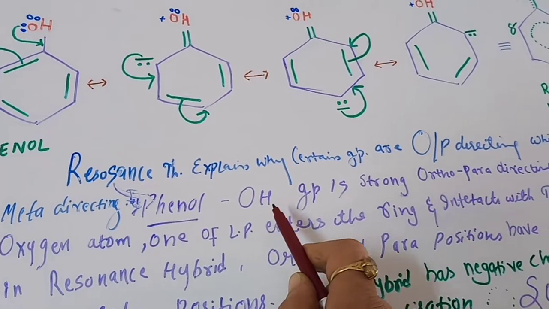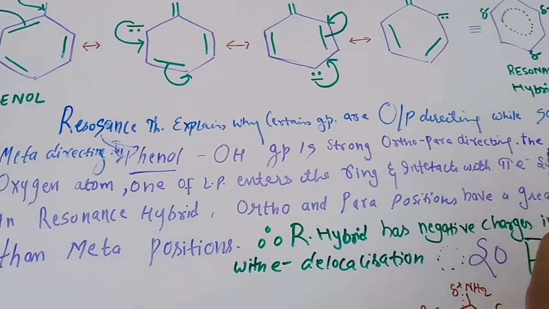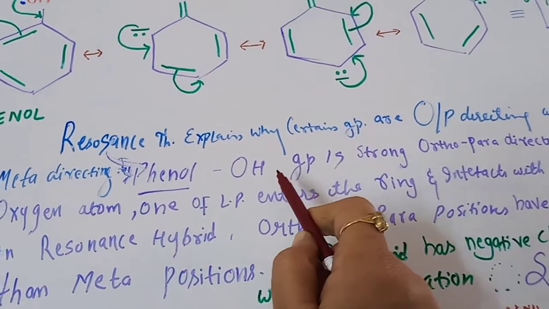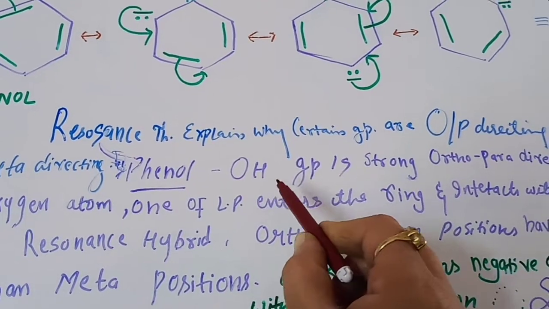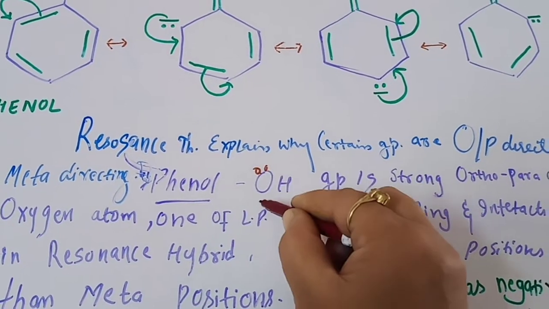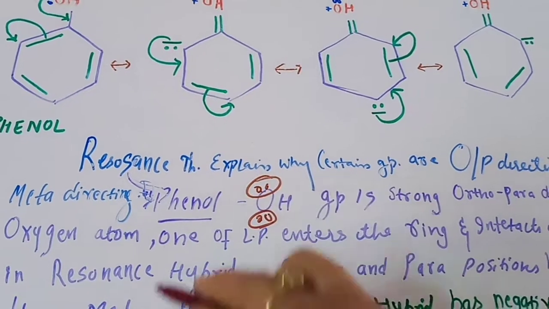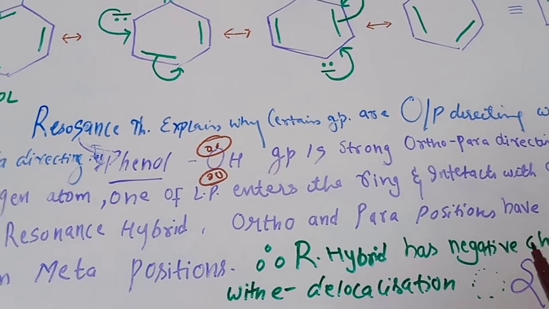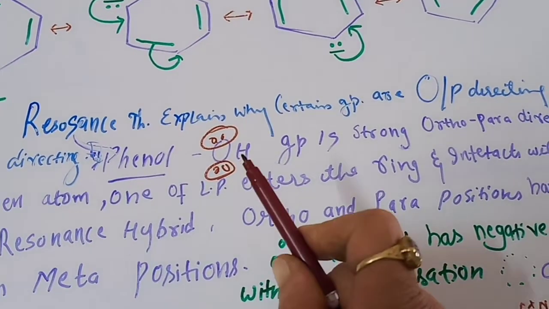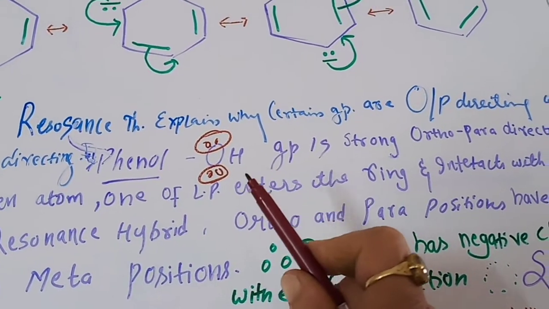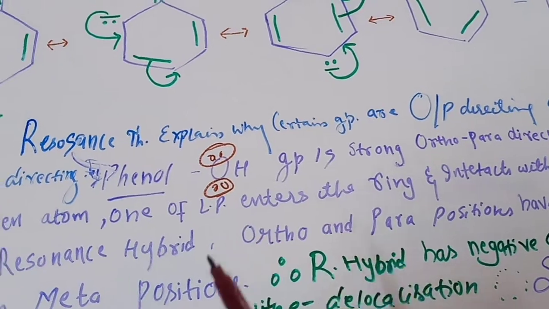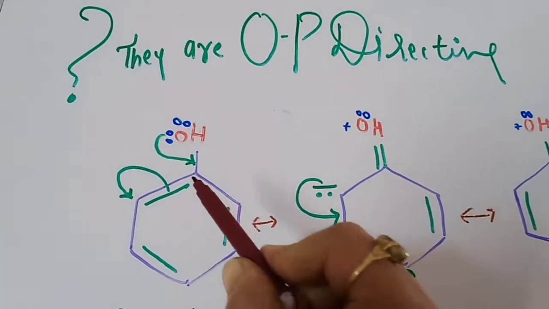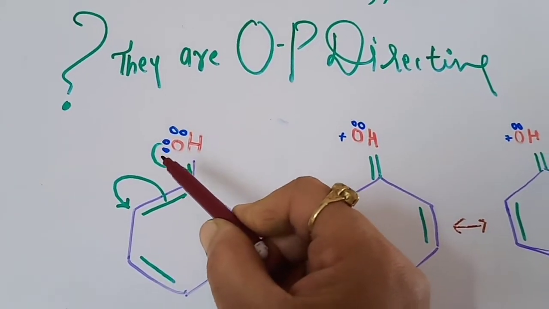We know that the OH group is a strong ortho-para directing group, and the oxygen atom has two lone pairs of electrons. In every ortho and para directing group there will be the presence of a lone pair, or we can say non-bonding electrons, on the key atom. So in phenol, oxygen has two lone pairs of electrons.